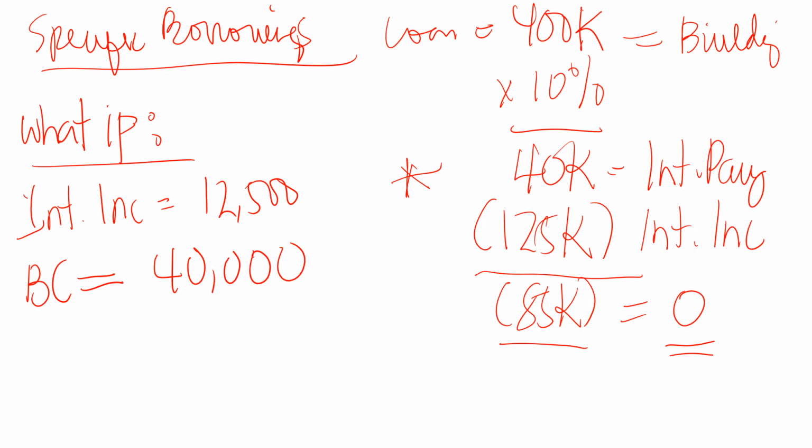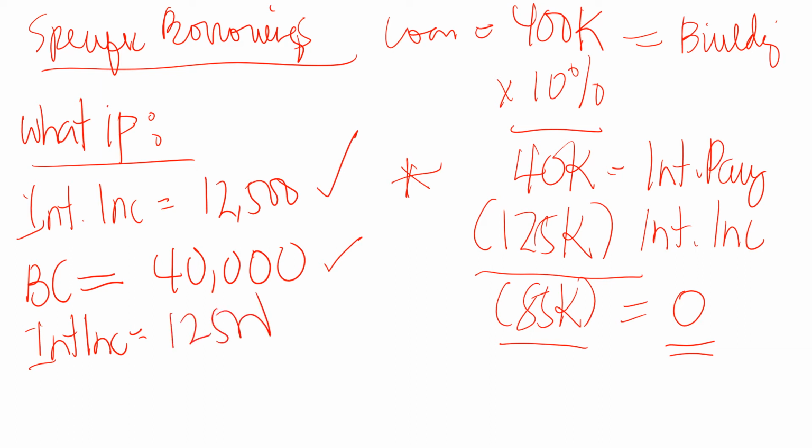And if you notice, yung loan natin inutang natin ng January 1, 2019. So nakuha natin yung buong 400,000 ng January 1, 2019. Kaya ang interest natin is from January 1 to December 31. Kaya minultiply ko lang ng 10% yung 400, 40,000 na. Ngayon, meron tayong interest income. So this is 12,500 kasi nag-what if ako.